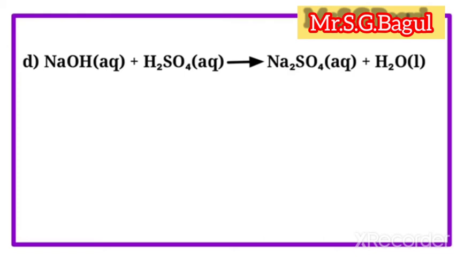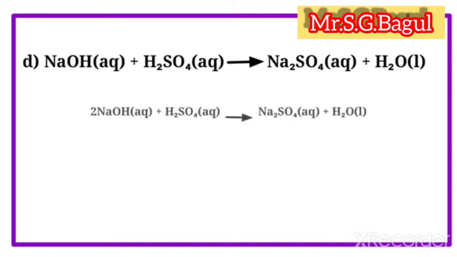Now here are two compounds which have same number of atoms. Therefore, any one of them can be selected. Select Na2SO4 and balance Na atom. So we will apply a factor 2 to the reactant NaOH. So we will get this reaction.